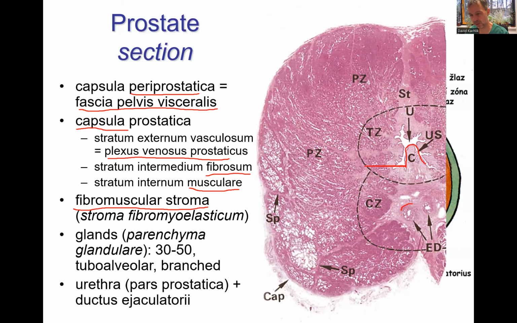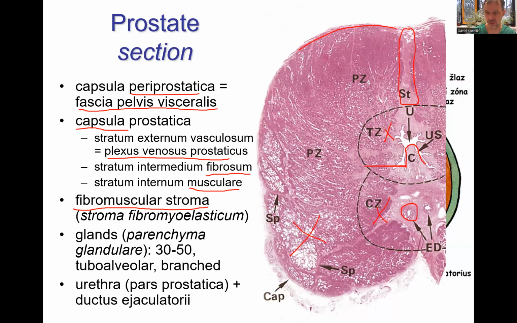Then we have here two ejaculatory ducts, and this isthmus, which contains no glands. On the surface, we can see the capsule, and then when we look closer, we can see the area of glands here, but then the areas of glands also located here.